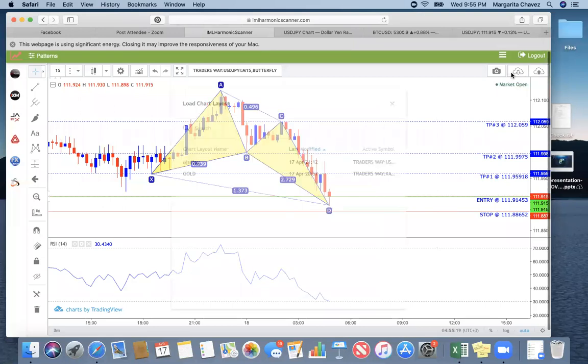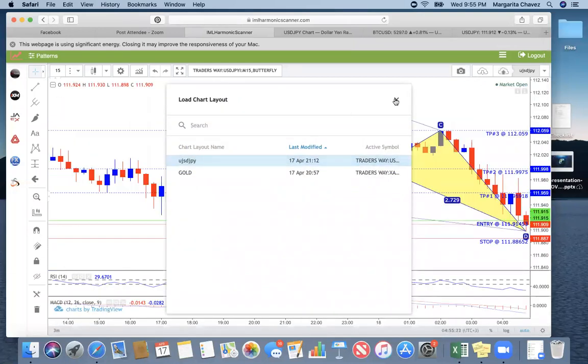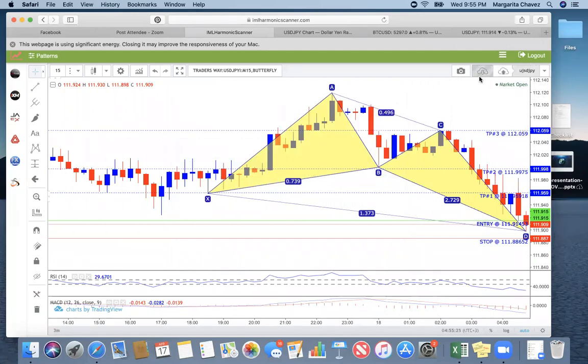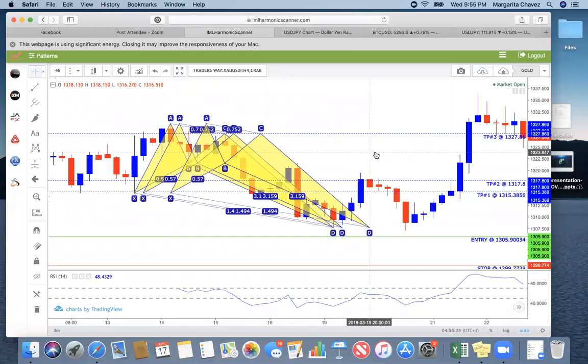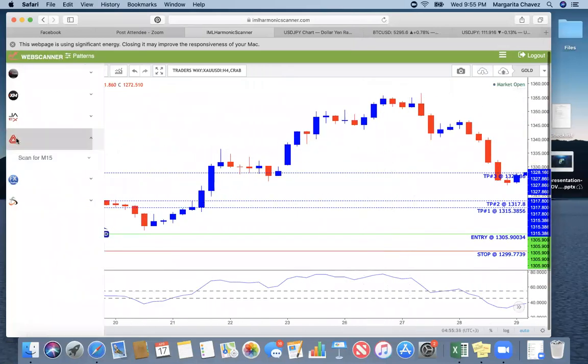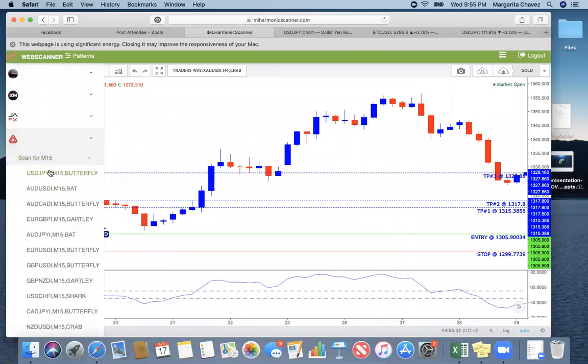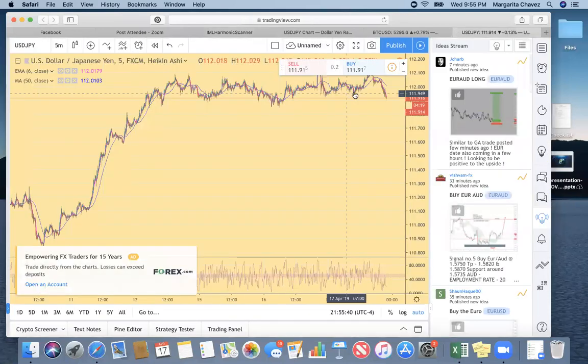Oh, my indicators are gone. I forgot to save it. And as I mentioned before, if gold is going up, USD JPY is supposed to go in the opposite direction. But not if, because we don't know, this is in consolidation.